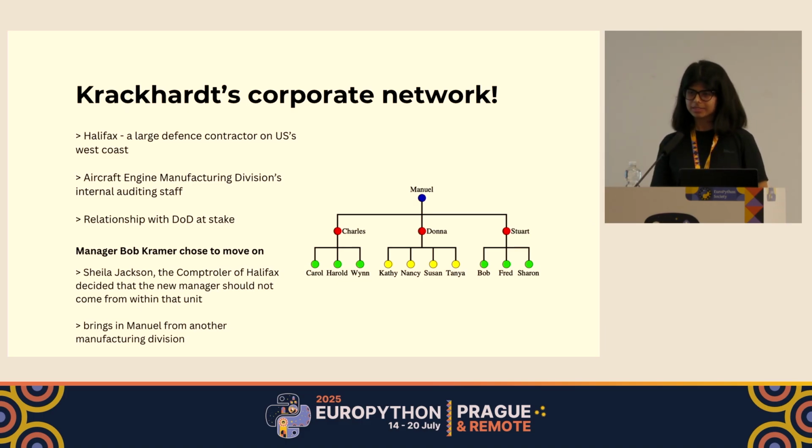Since Manuel was so concerned about the team, he thought, okay, let me try some restructuring. He came up with the idea that he could assign a few of these secretaries to auditors. So for example, Kathy can be the secretary for Carol and Harold, and they will always go to her for all of their tasks and responsibilities.